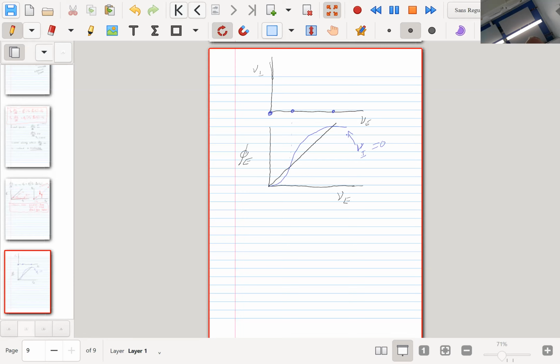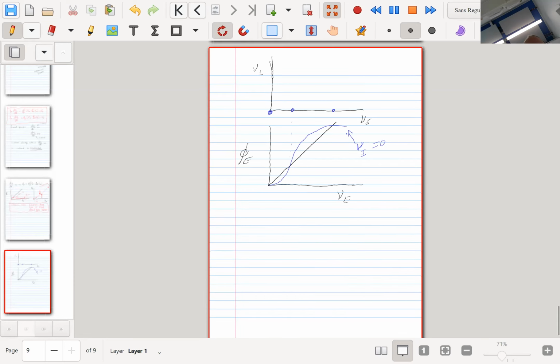Now, this is what happens when we increase nu I. So nu I increases. Okay, so now this is a larger nu I, let's say right here.